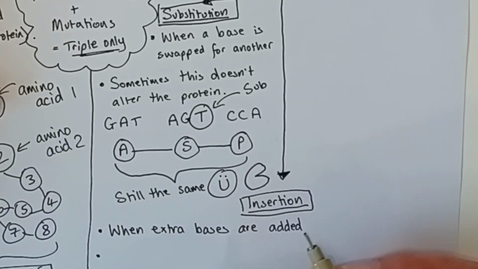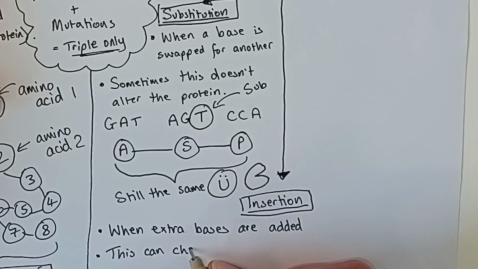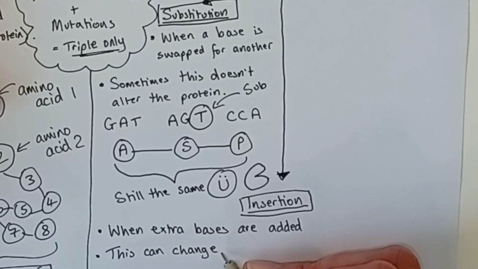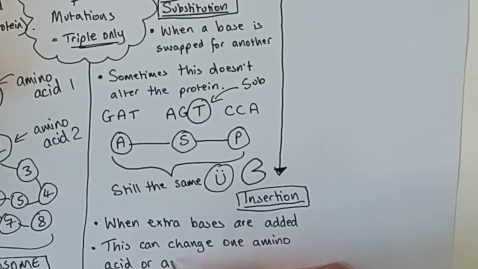This can have a very damaging effect because inserting an extra base can change not just one amino acid, but all of the amino acids. So this can change one amino acid or all of them. And if this happens, that's obviously bad news.